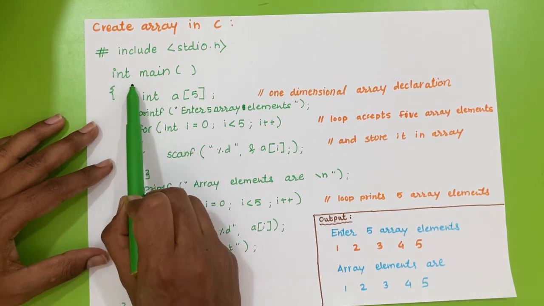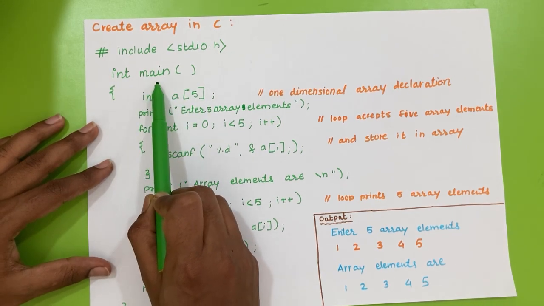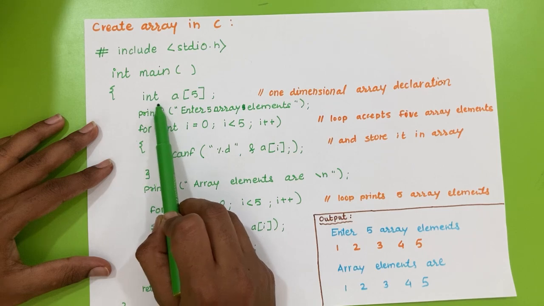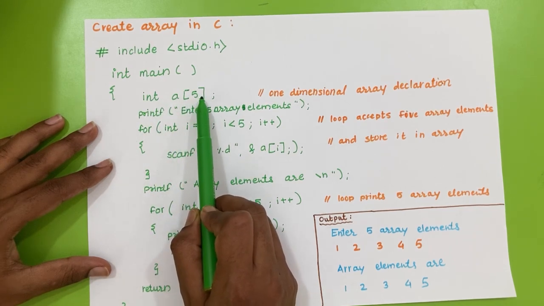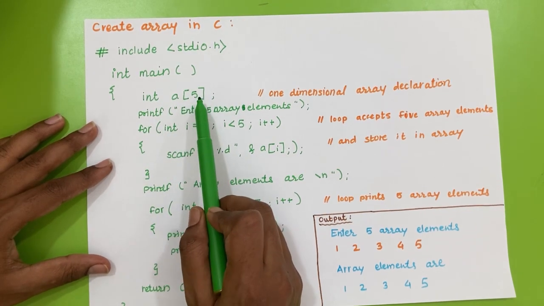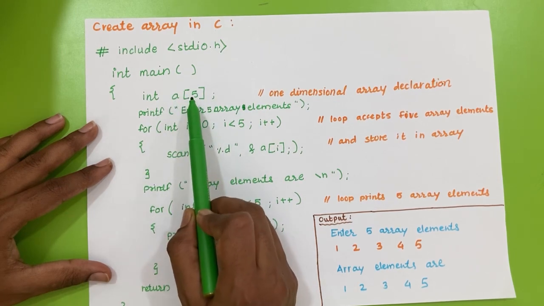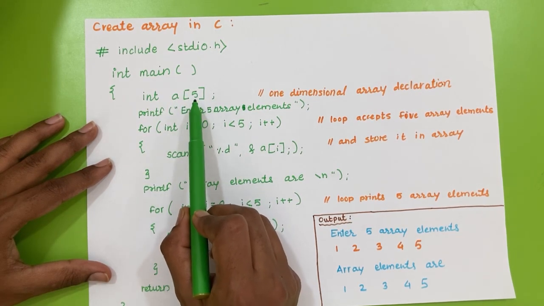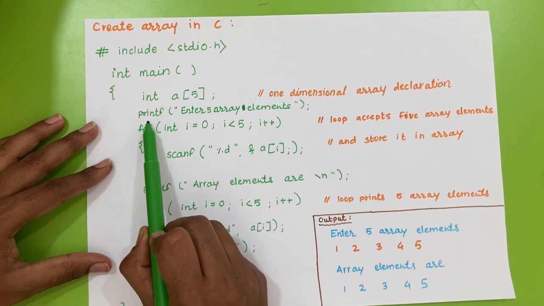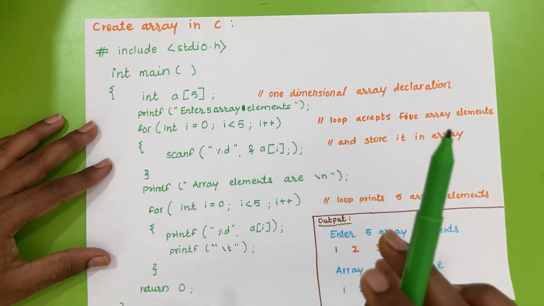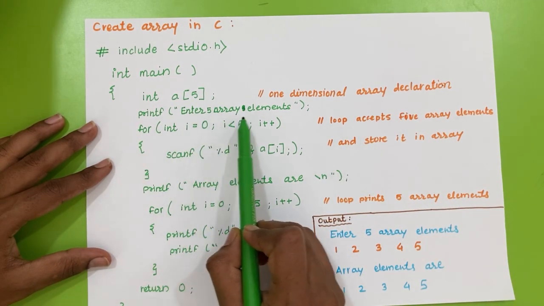Here I have the main function, and I have declared the size of the array as 5. That is static memory allocation, meaning only 5 elements can be stored in the array. First I want to print on the console: enter 5 elements.